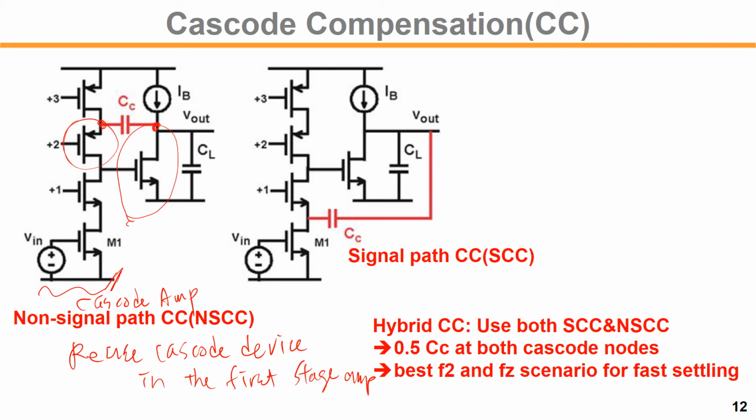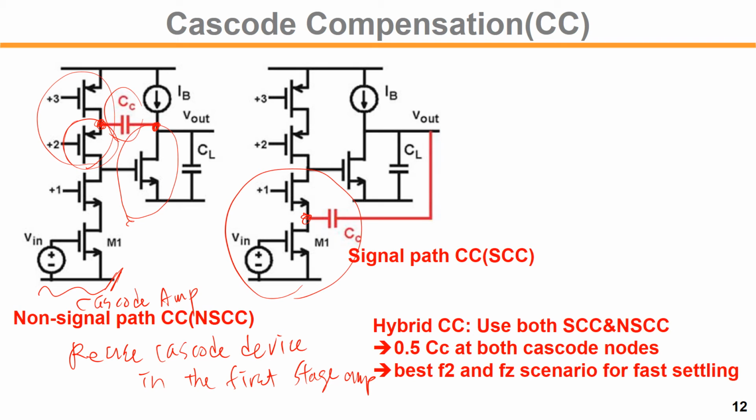So the compensation capacitance can be added through the non-signal path or the signal path here, the cascode. Those two responses result in slightly different signal transfer functions, but both have the Miller effect, the same Miller effect.